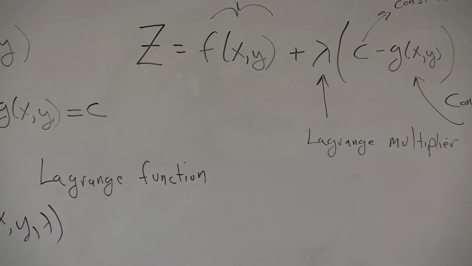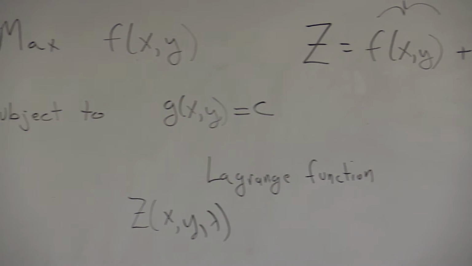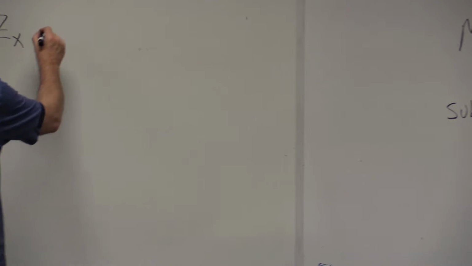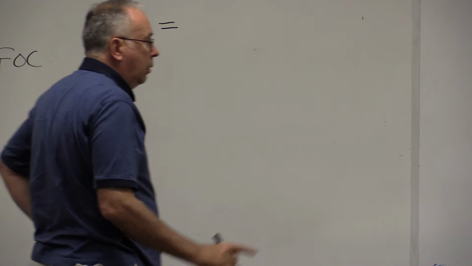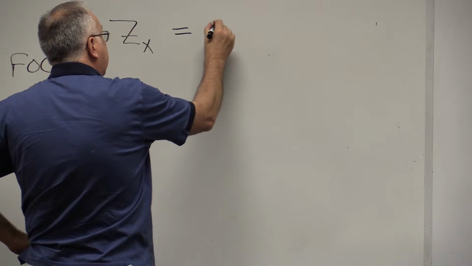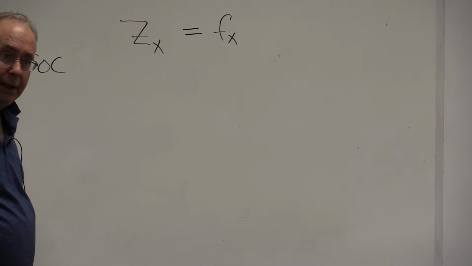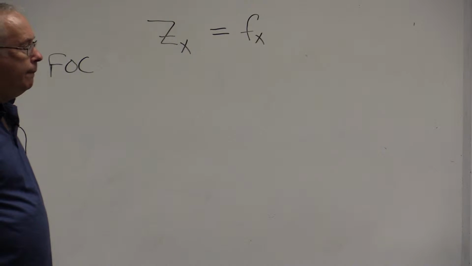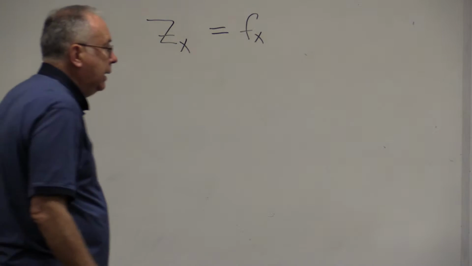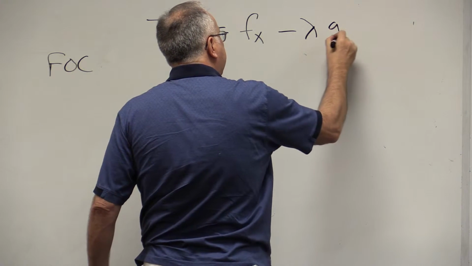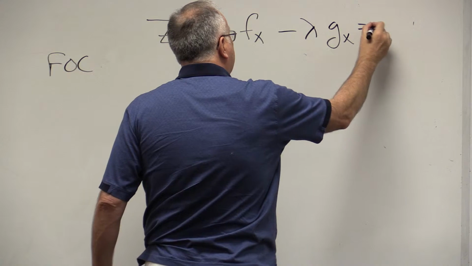Okay. So z sub x is the partial derivative of z with respect to x. And that will simply be f sub x, the partial derivative of your objective function with respect to x, minus lambda times g sub x. You set that equal to 0.